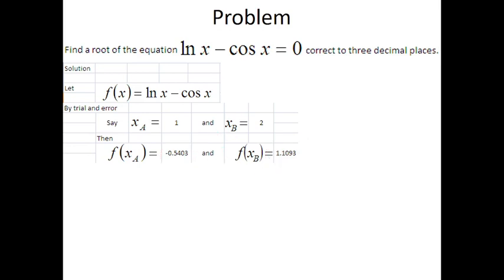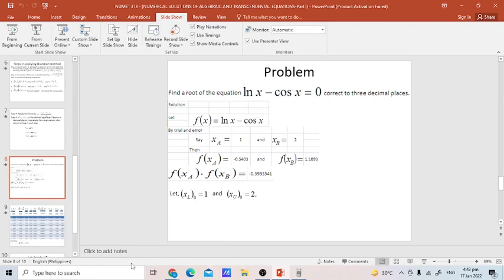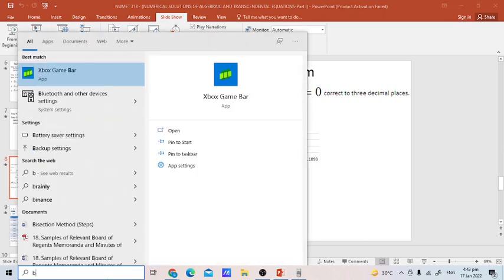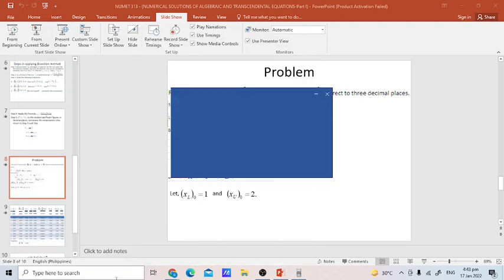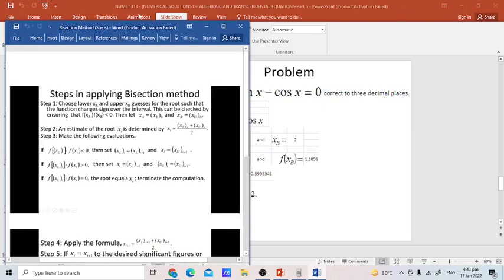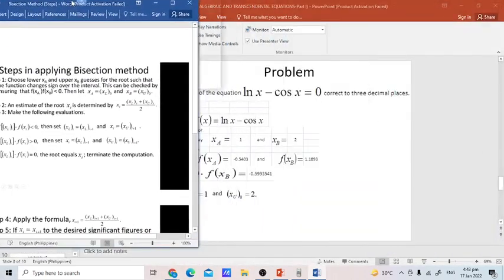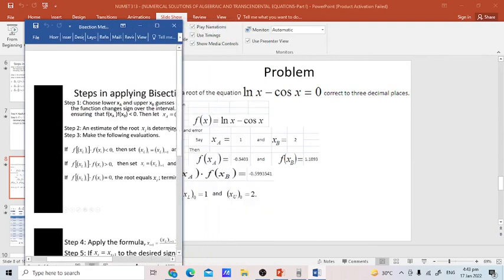Now, after that, let's look at the procedure so that we can appreciate the steps further. So what is the procedure here? Choose lower x sub a and upper x sub b.